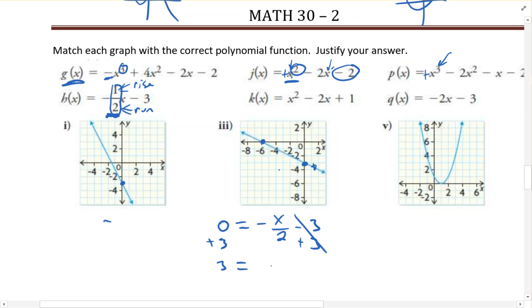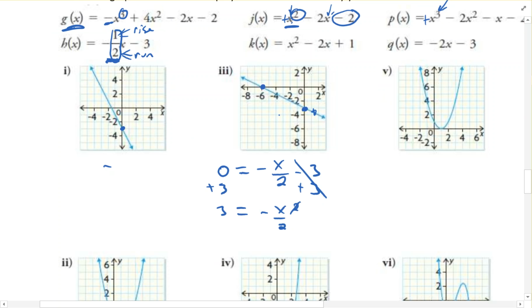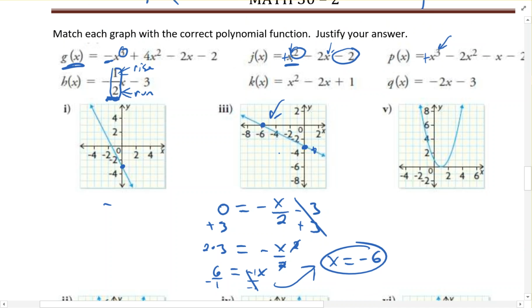So I've got 3 is equal to -x/2, and then multiply 2 on both sides. So now I've got 6 is equal to -x. I'll divide both sides by -1. I end up with x is equal to -6. And it is equal to -6 in this one. So you could also do that.